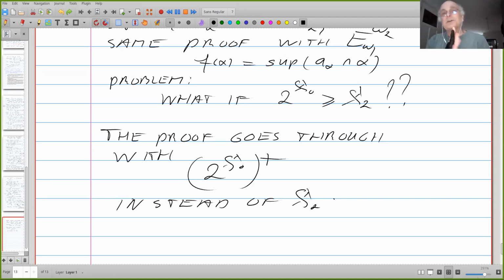You take all the ordinals of cofinality omega 1 or more, for all I care. You get the same situation, and now you can go through the rest of the proof and find this delta system again. So the delta system lemma is, okay, we were a little bit over-optimistic a few moments ago, but you can save it by raising the aleph 2 a little bit.